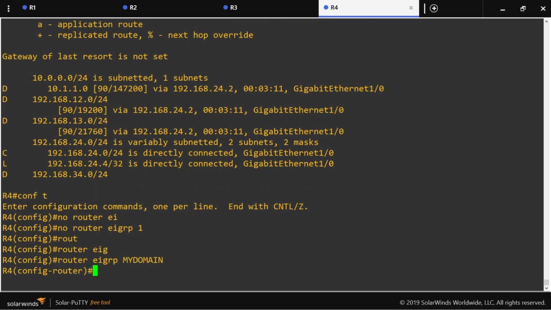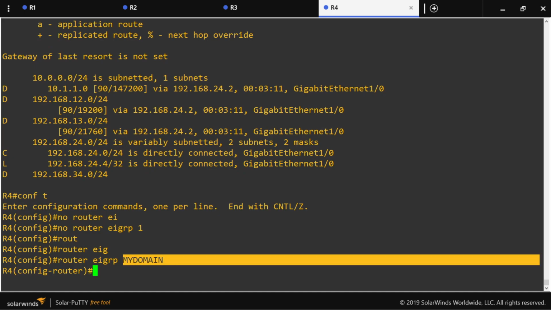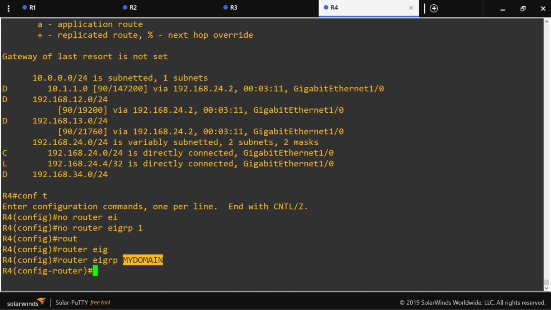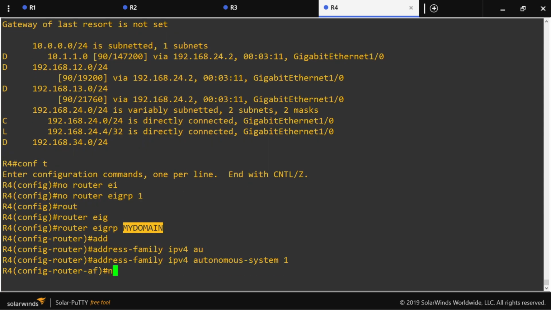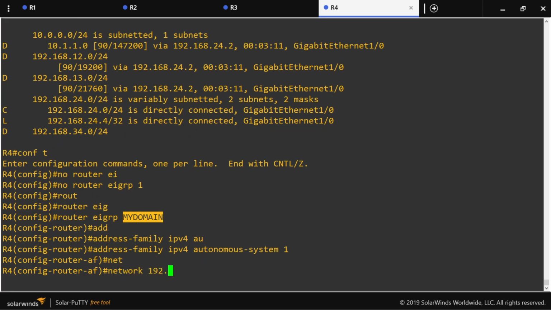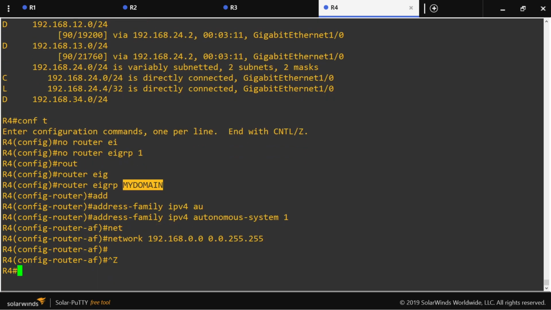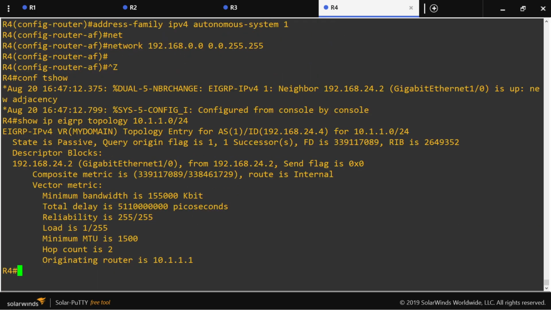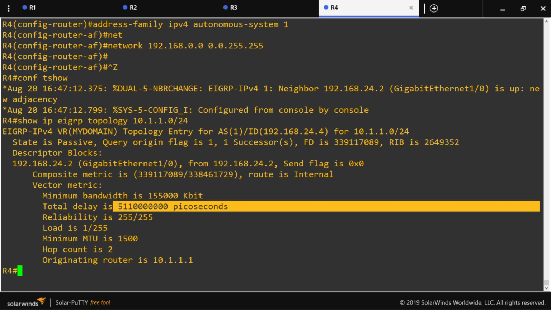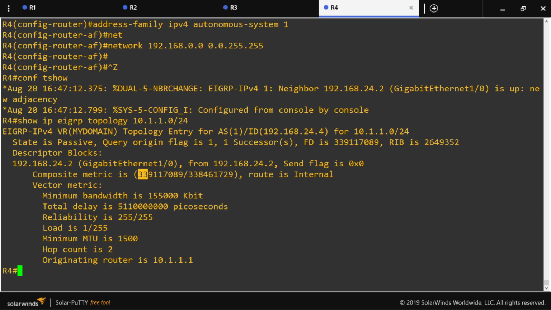This can be any word. IPv4, tunnel system number 1, network. So now, if we issue this command, we can see that the delay is given in picoseconds and that the calculations are larger.